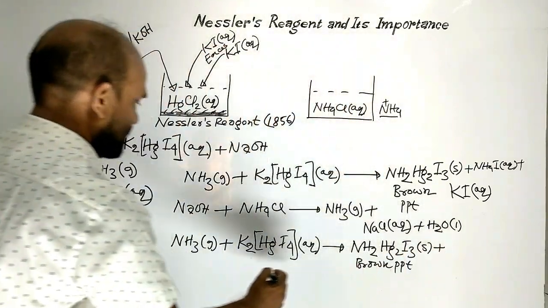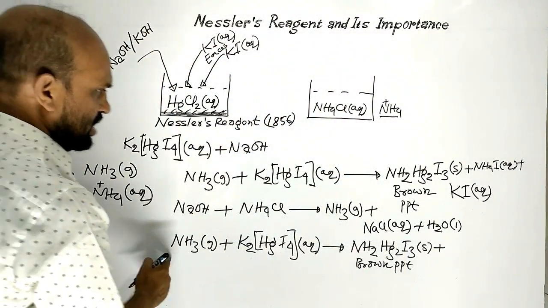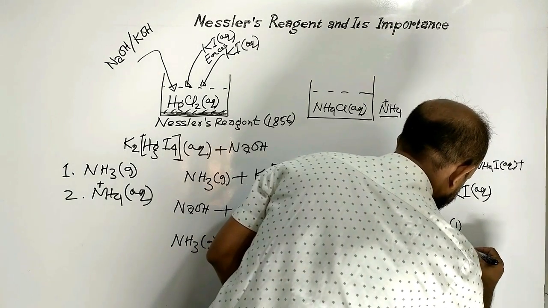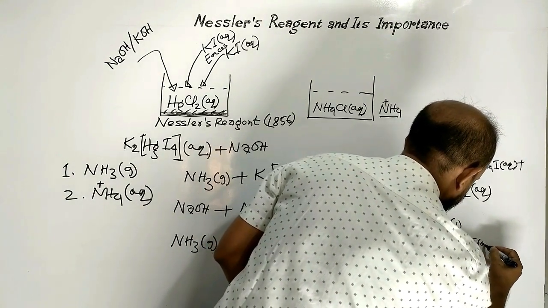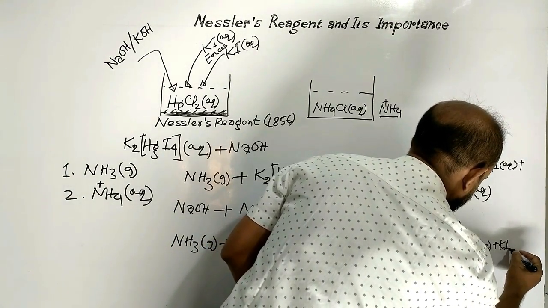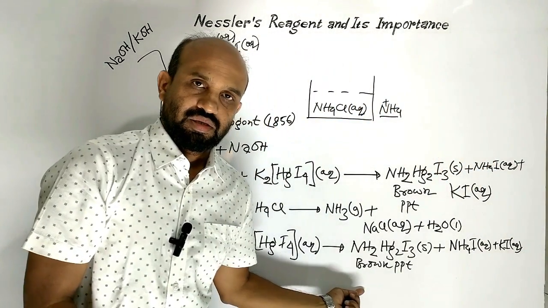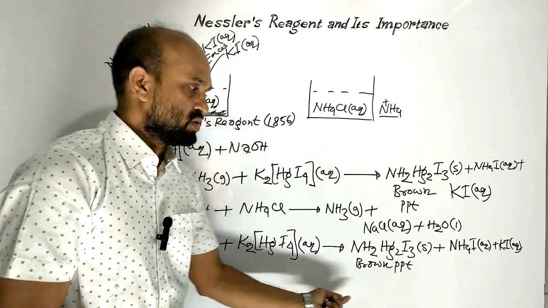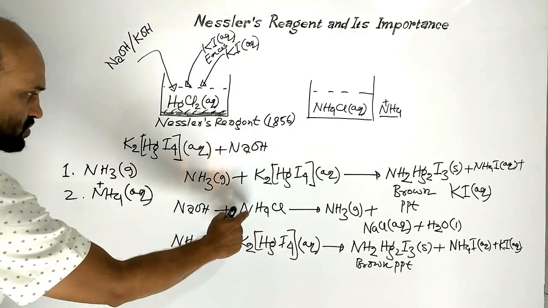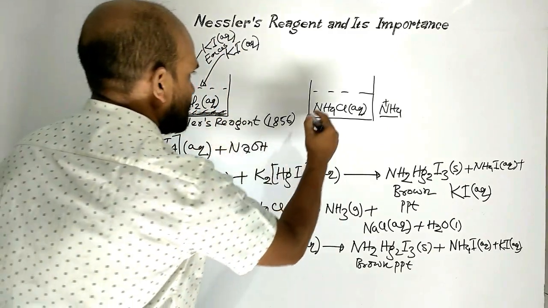Here, the byproducts are ammonium iodide and potassium iodide. This brown precipitate proves the presence of ammonium ion in the solution.